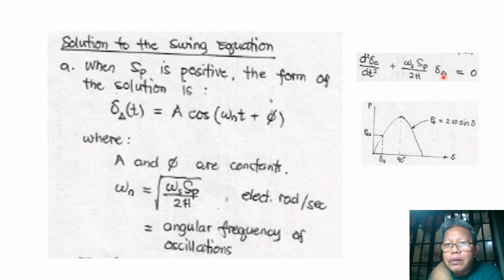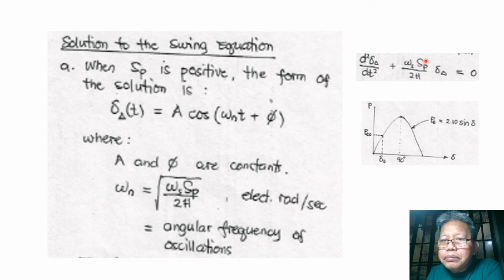Remembering our knowledge of differential equations, when we have this type, we usually use the differential operator in mathematics, capital D. So this becomes D squared times delta delta plus this factor times delta delta. Since differential operators can behave like any other algebraic variable, we can factor out delta delta, and what remains inside would be D squared plus this factor, times delta delta.